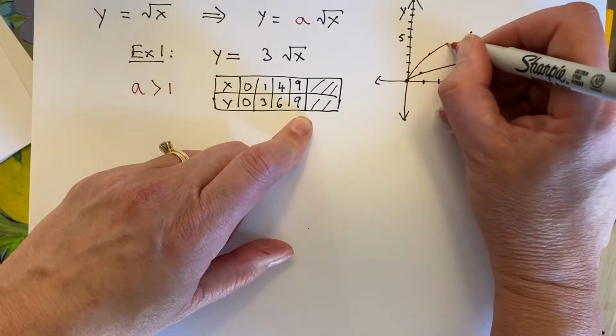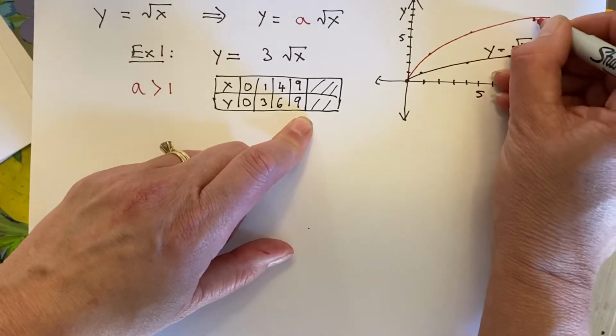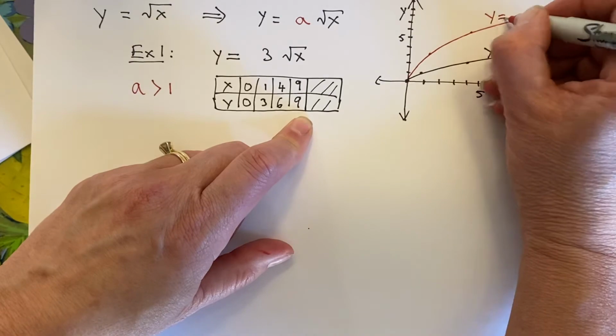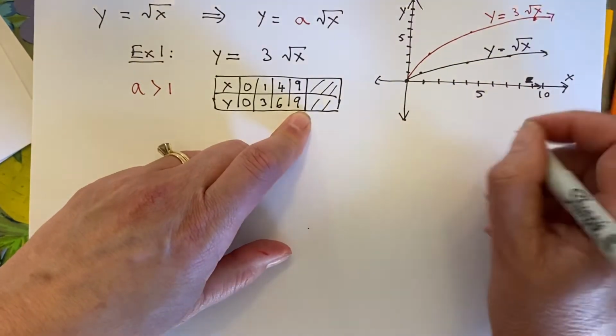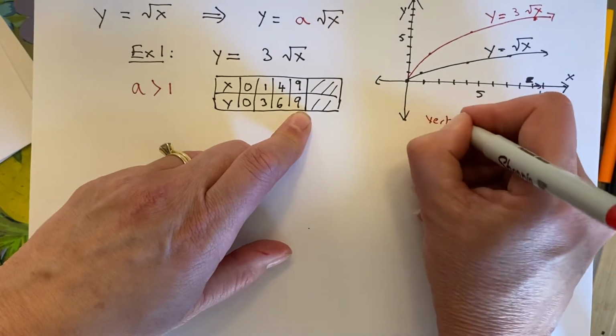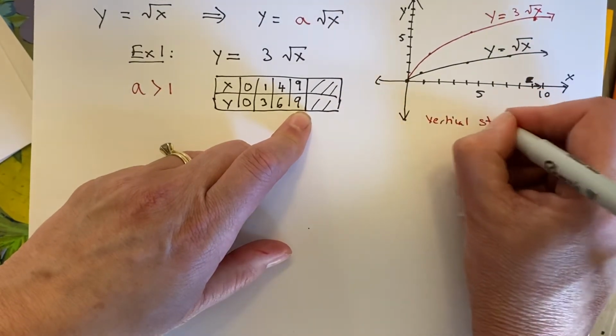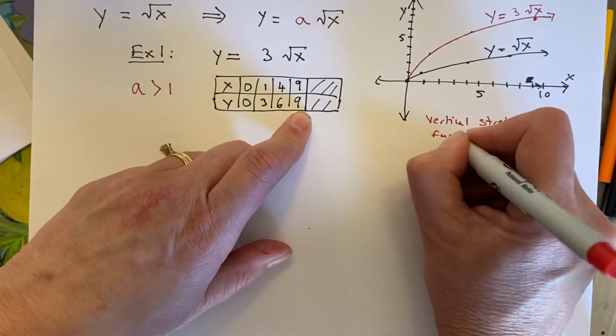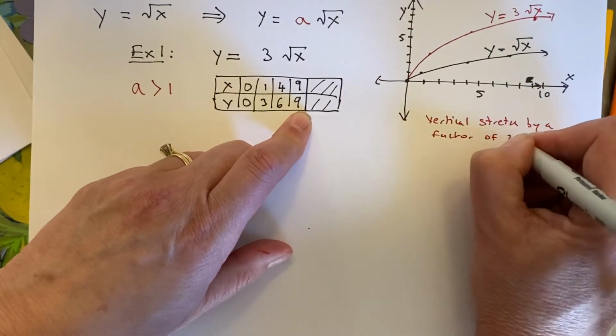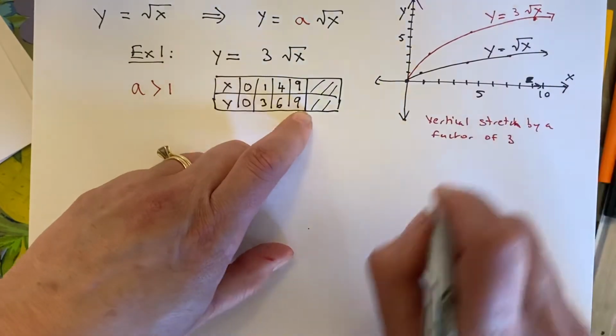You can see a pretty healthy stretch. Y equals 3 square root of x. So this is a vertical stretch by a factor of 3 relative to the parent function.